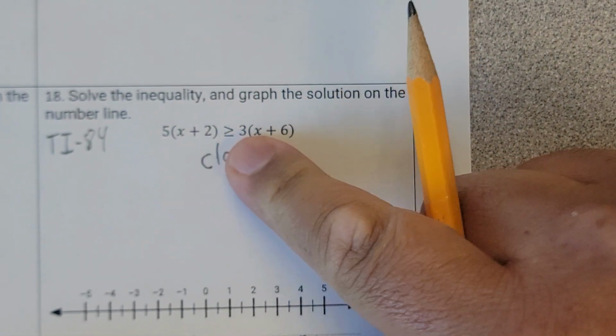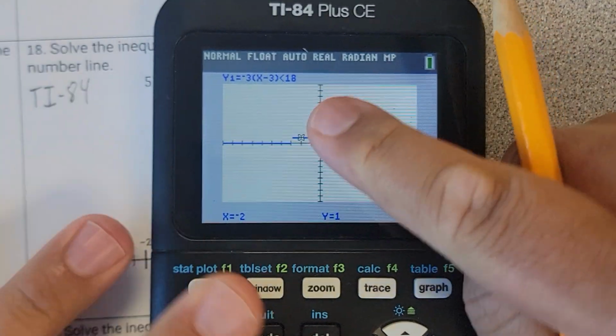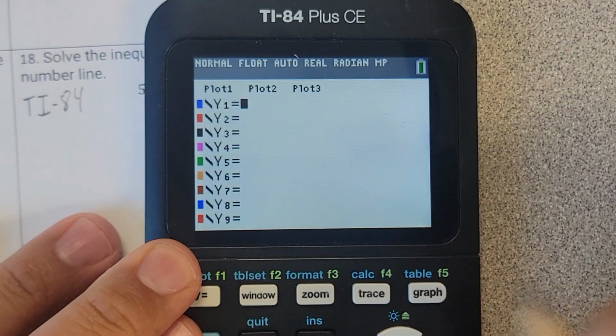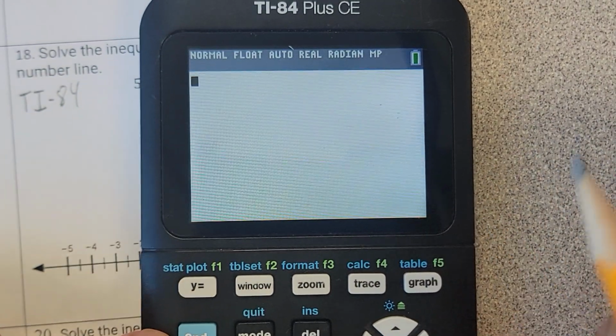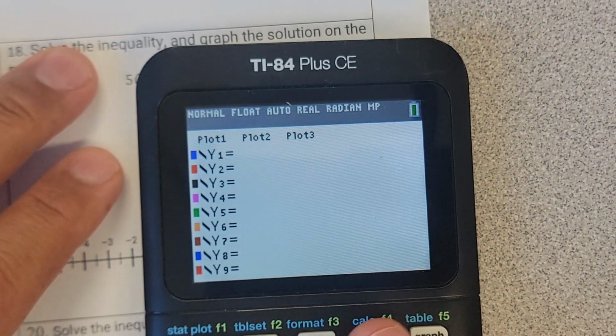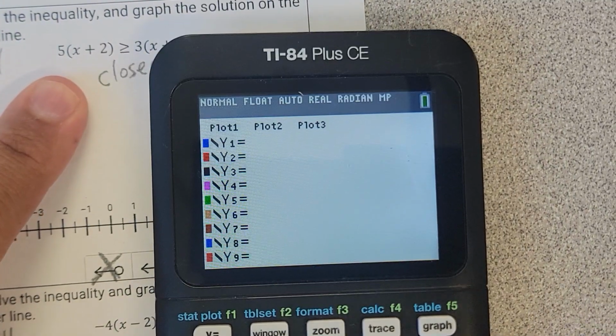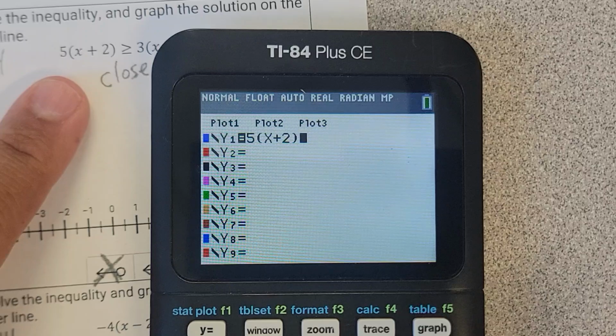So now we're gonna put this in the calculator to see which way it's gonna shade. So watch this. Clear or reset the calculator, reset it. Clear, clear. All right, go to y equals. 5 parentheses x plus 2 parentheses.